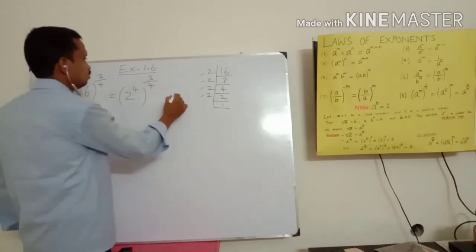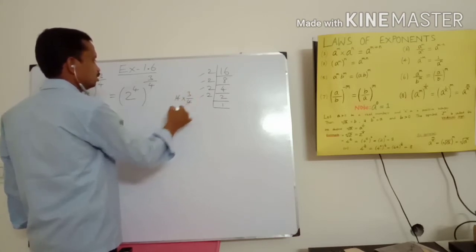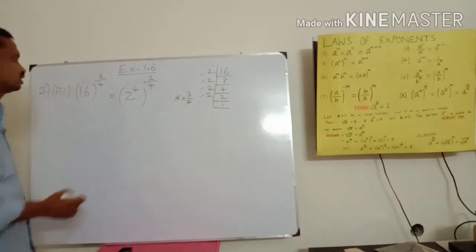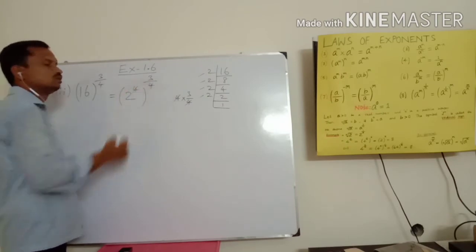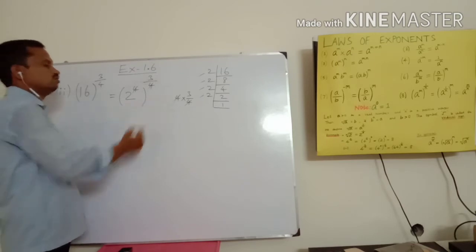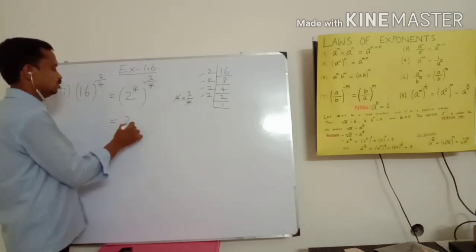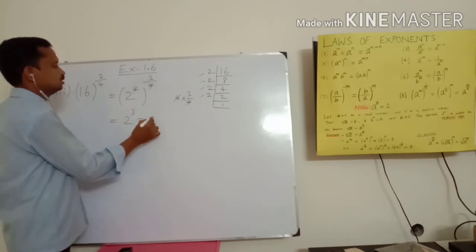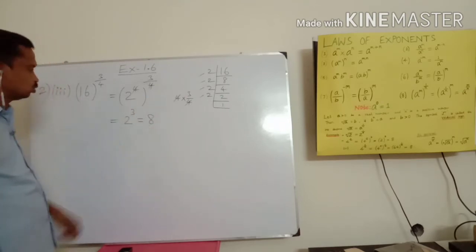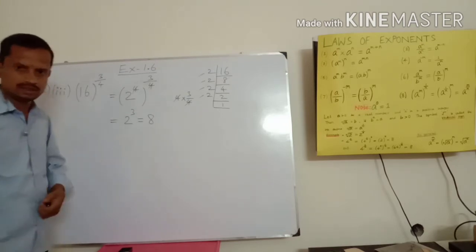What you get? 4 into 3 by 4. We get only 3 after cancelling. When you multiply power with another power, 4 into 3 by 4, you get only 3. So this is nothing but 2 cube, which is nothing but 8. 2 cube is 8. So very easy to get the answer.